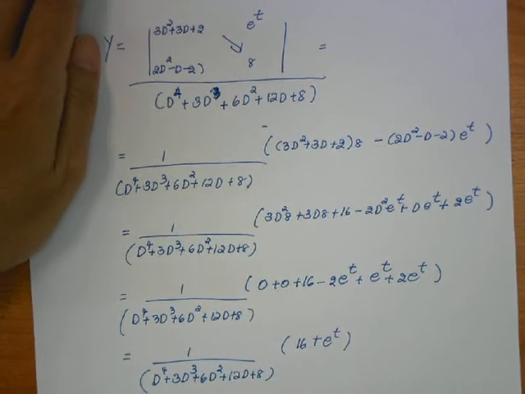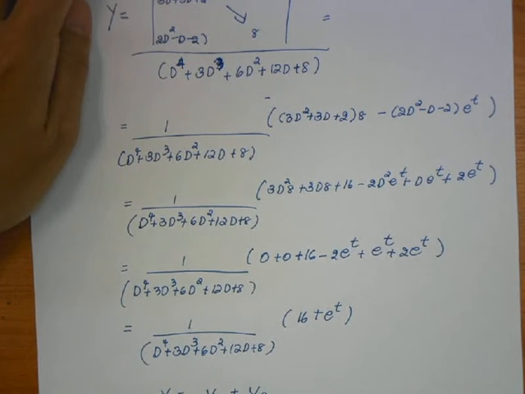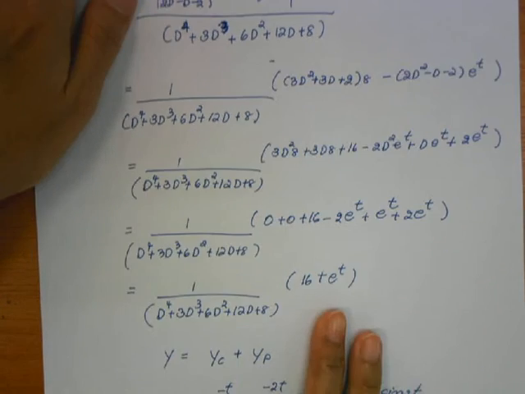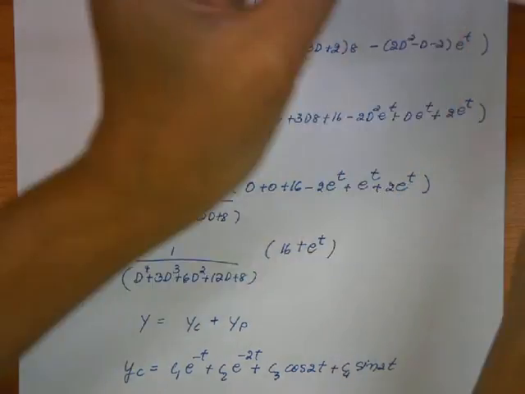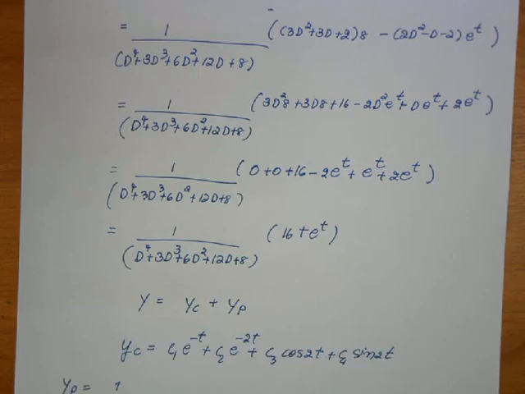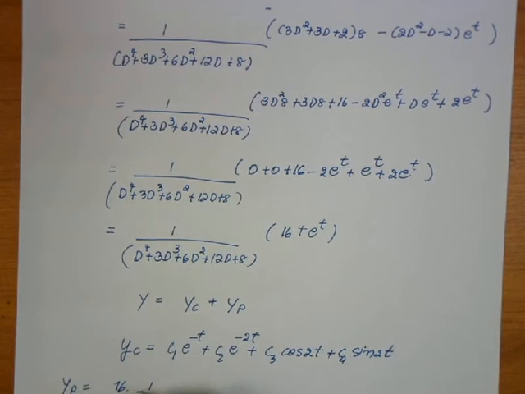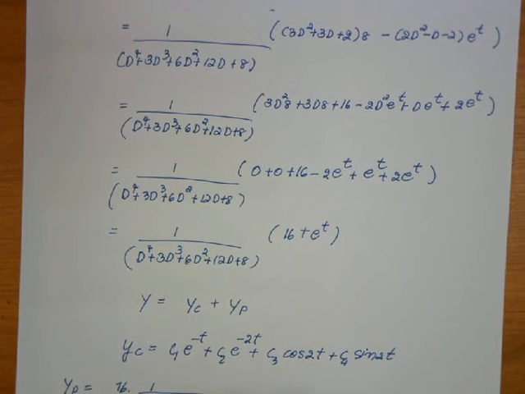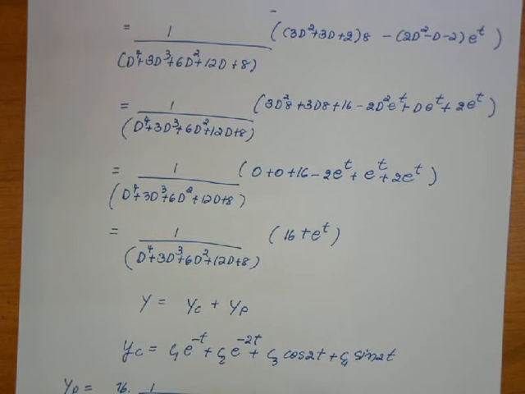And now you've got to find yp. You find yp by using this. We got 16 times 1 over, and times exponential of 0t.